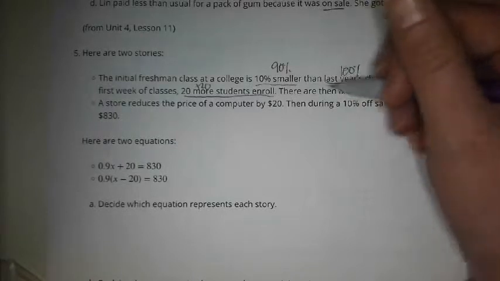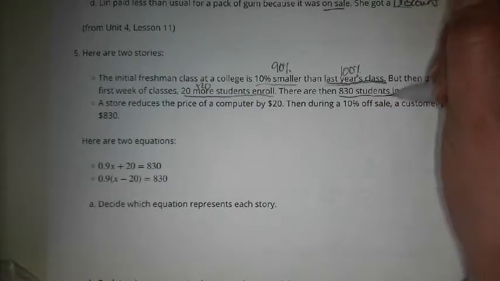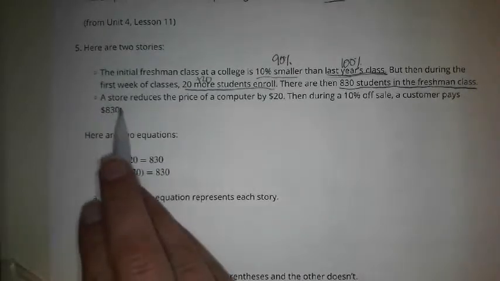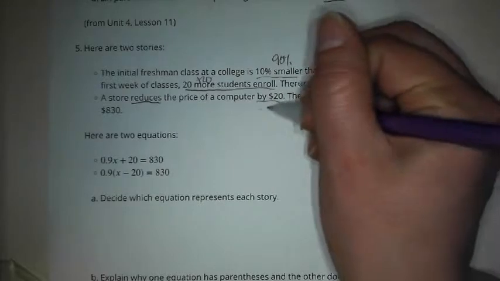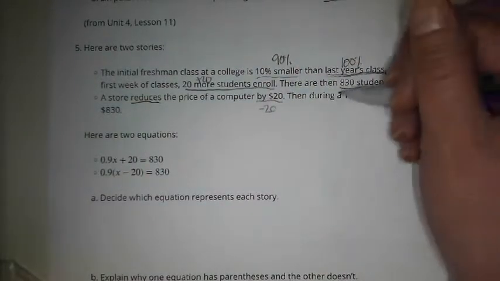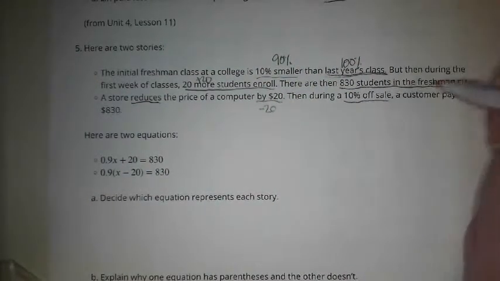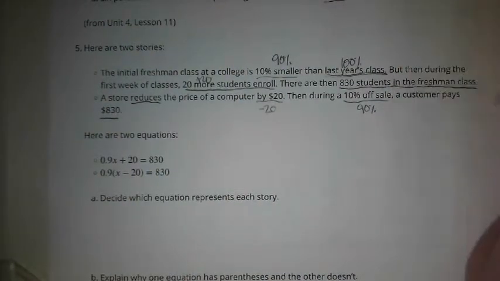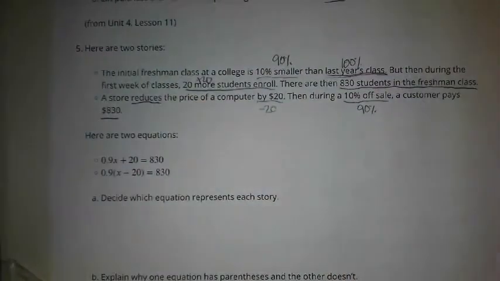Then, there are 830 students in the freshman class, so that's my total. A store reduces the price of a computer by $20, so this is minus 20. Then during a 10% off sale, a customer pays $830, so 10% off would be you're paying 90%, and that's the total that they pay.